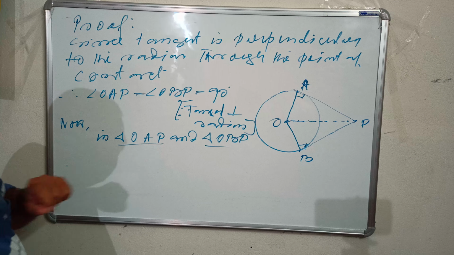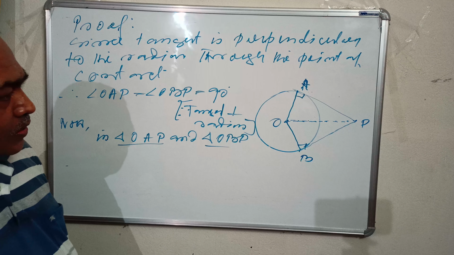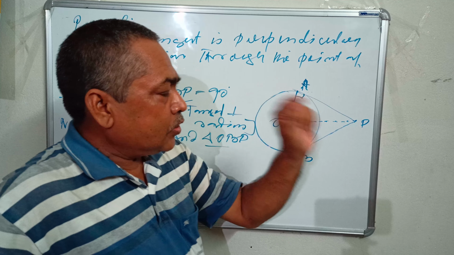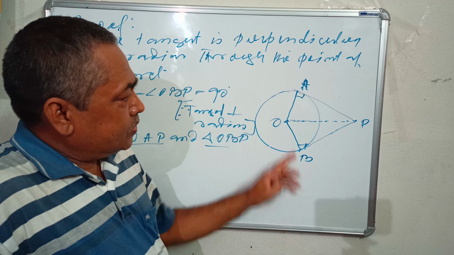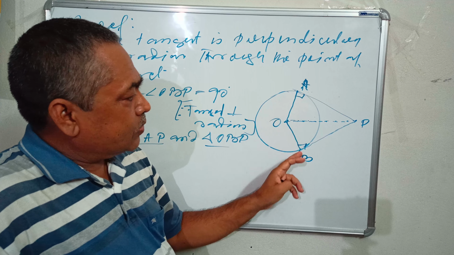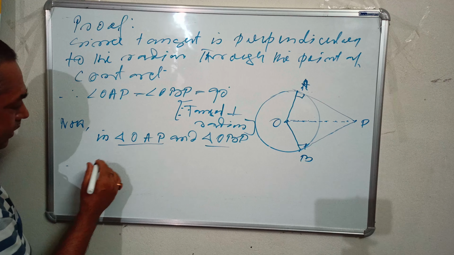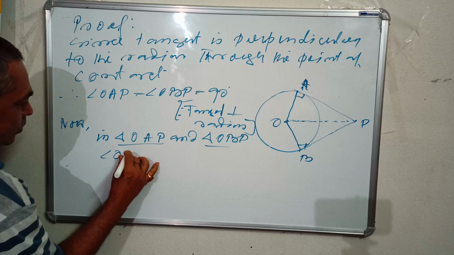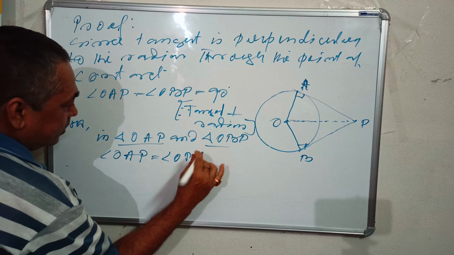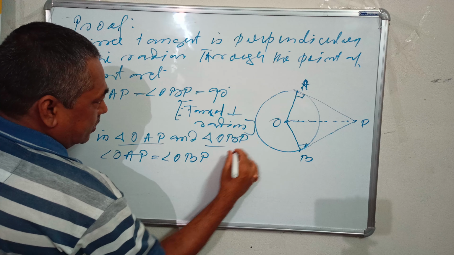So we'll find some equal parts. And before we go to equality, first we have to decide the congruence criterion. So you see right angle, common hypotenuse, and these two are equal. So we'll be going for the RHS rule. So first we write angle OAP equal to angle OBP in these two triangles.